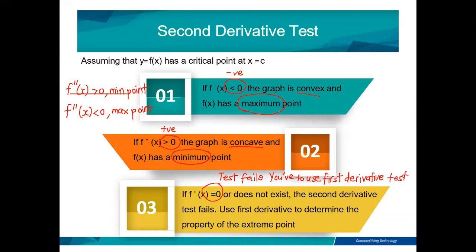If in the second derivative test you got equal to 0, it means that the second derivative test fails. Then you have to use the first derivative test. Do you still remember how to use it? You have to construct a table that contains 3 elements: x, f prime x, and also the slope. Let's see the example.